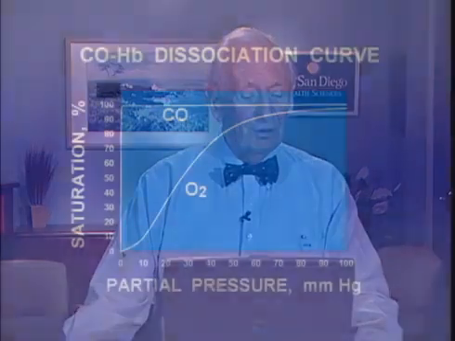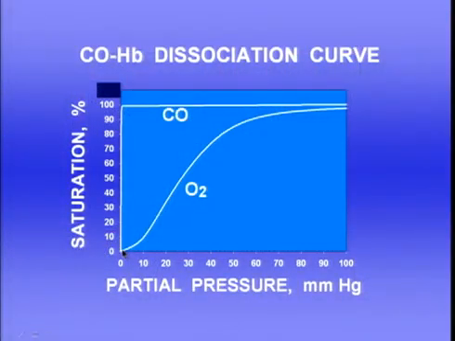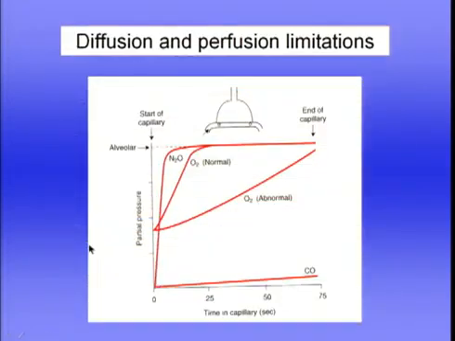So even at a very, very low partial pressure, way down here, you've got essentially full saturation of the hemoglobin. So what that means is that when the carbon monoxide moves into the capillary blood, the blood is able to absorb, to combine with a large amount of carbon monoxide for an extremely small rise in partial pressure.